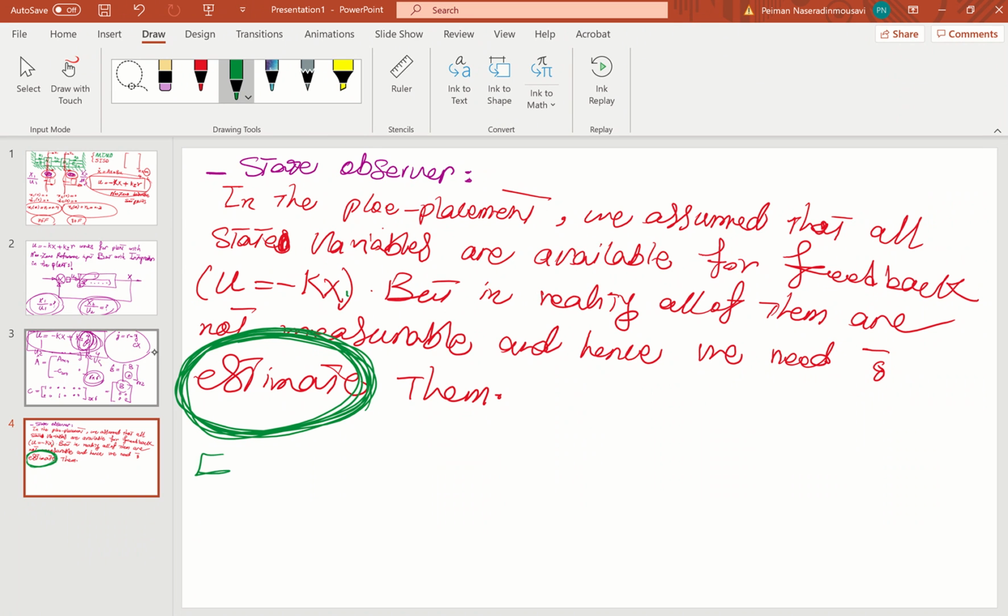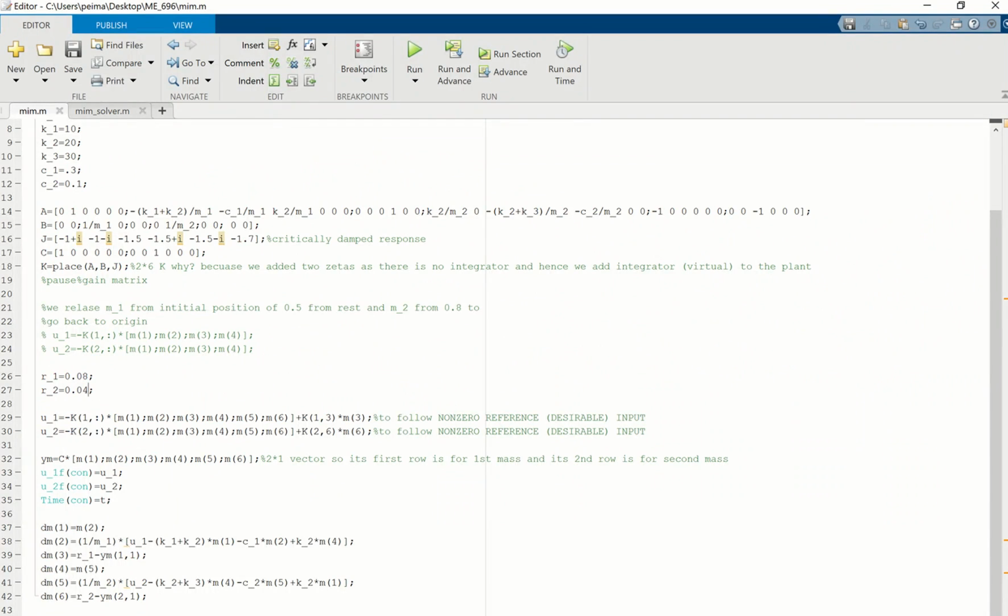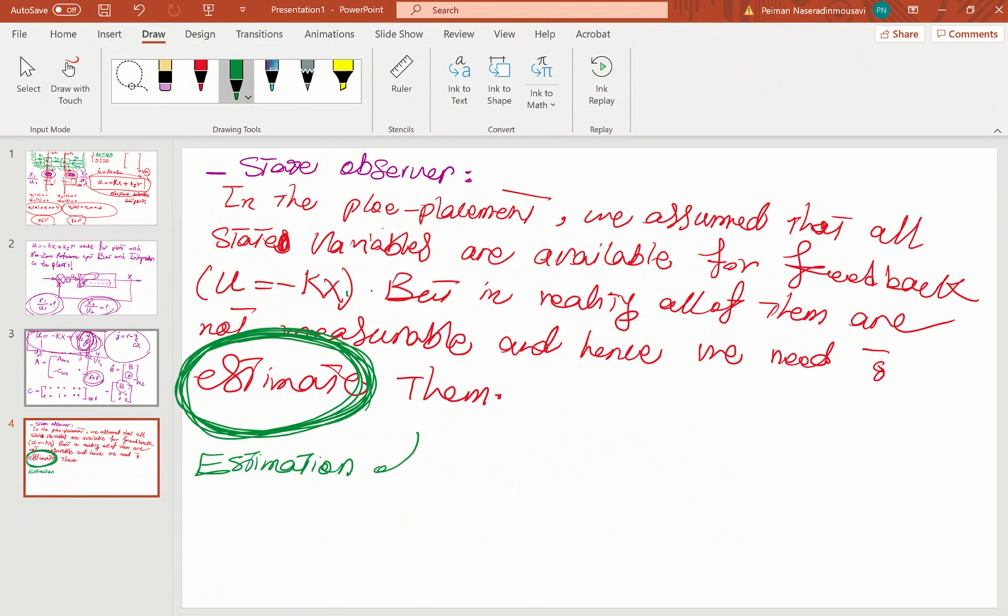So estimation of unknown or unmeasurable state variables, such as temperature.